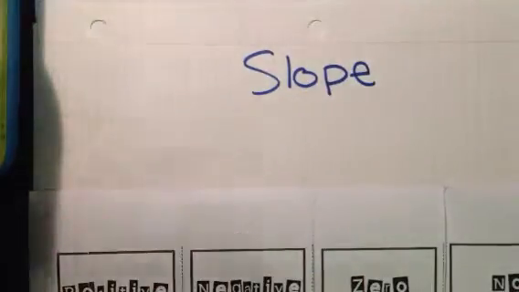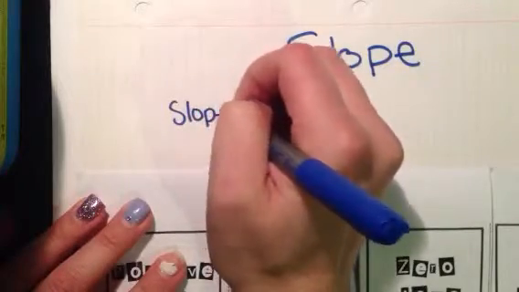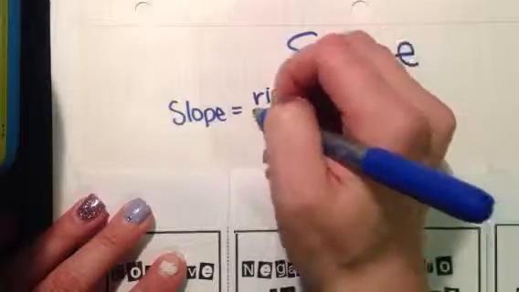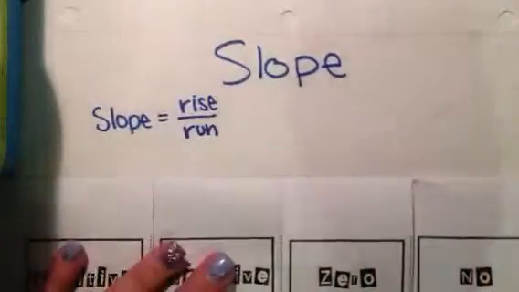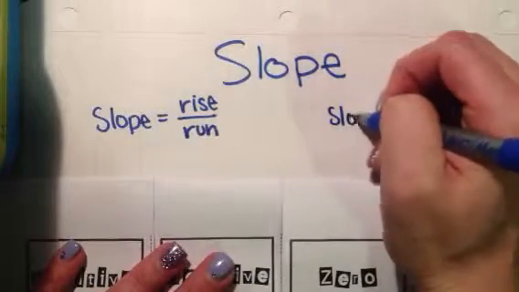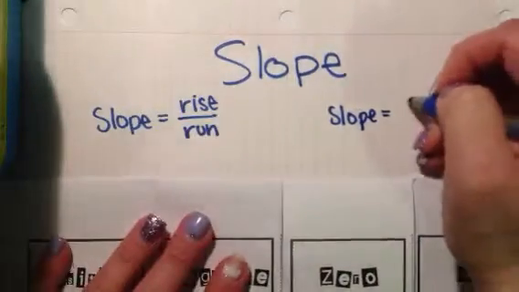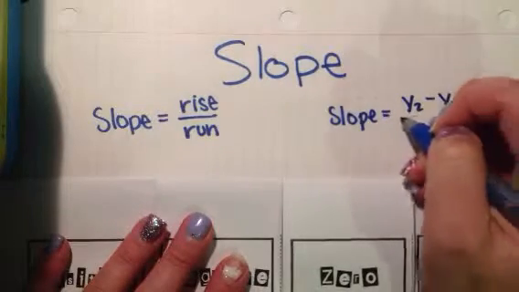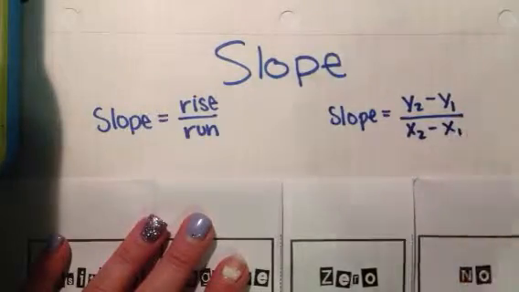So some of you have heard before that slope is equal to rise over run. You may have even heard that slope is equal to y2 minus y1 over x2 minus x1.